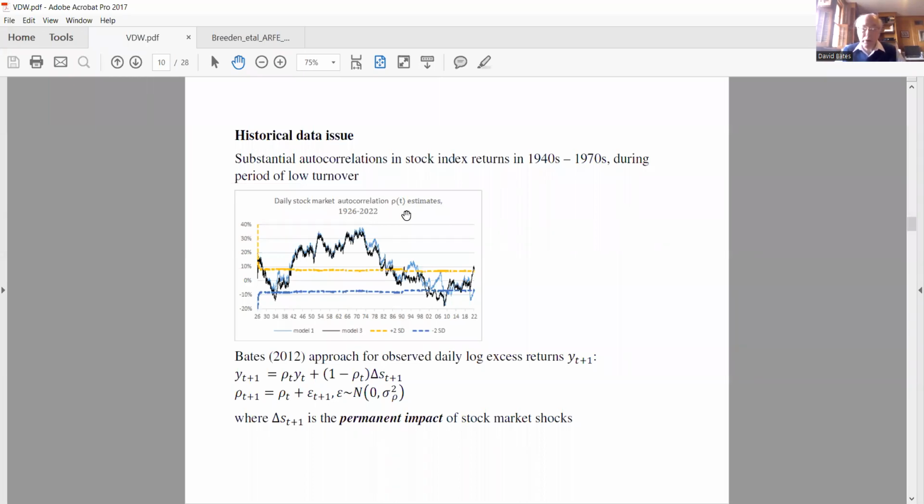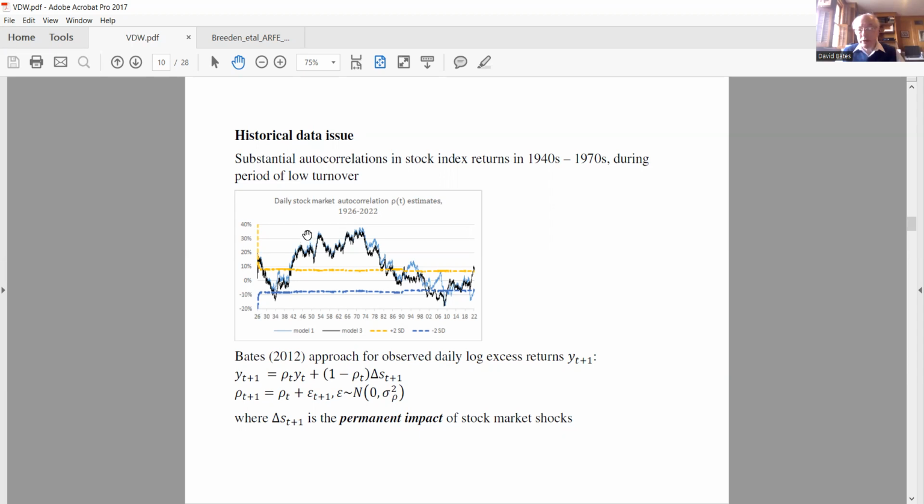So what I did, as I did in my 2012 paper, was say observed returns are the autocorrelation times the previous day's return, plus a scale factor times this shock of the underlying change in log S, where log S is the permanent impact to stock market changes.